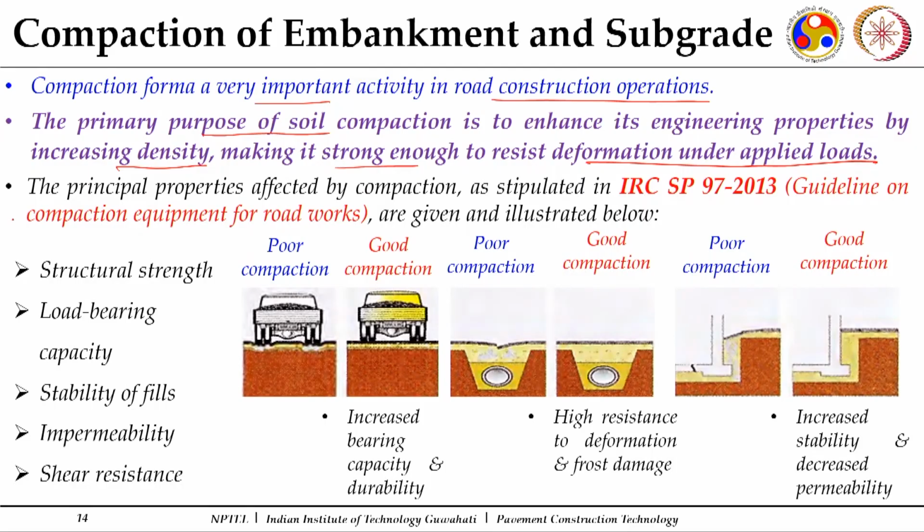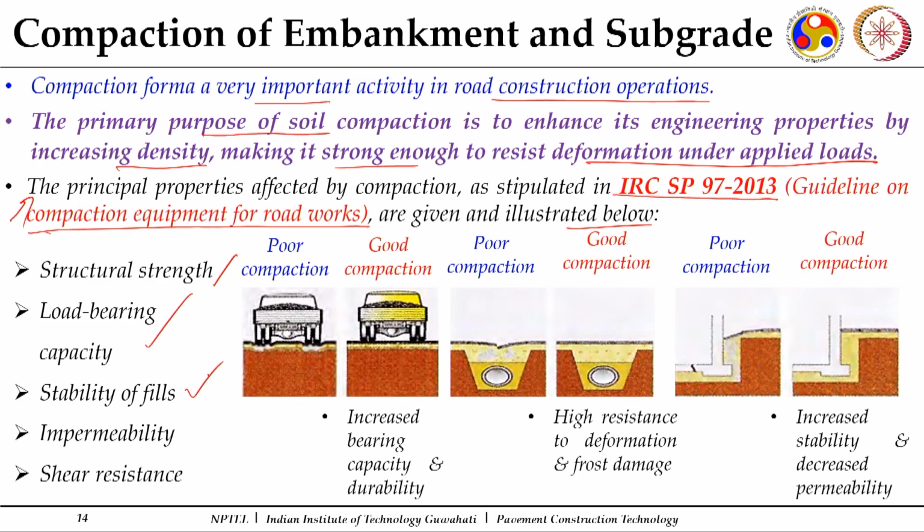Now, the principal properties affected by compaction, as stipulated in IRC SP 97 2013 guideline on compaction equipment for road works, are mentioned here. What we expect out of the compaction is enhancement in the structure strength, enhancement in the load bearing capacity, and stability of the fills.